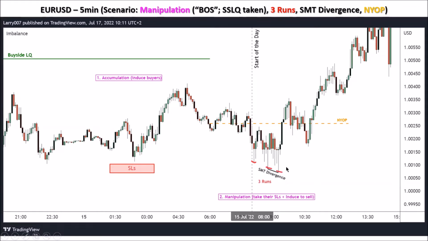And what I found that is very powerful is that the three drives works very well with the SMT divergence. If you get three drives and an SMT divergence, personally, I feel very confident to take the trade straightforward when I get some imbalance, some shift in market structure in a lower time frame, of course.